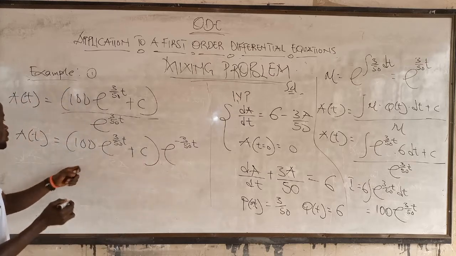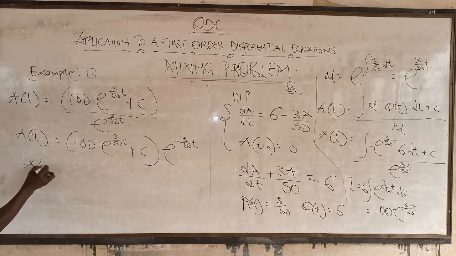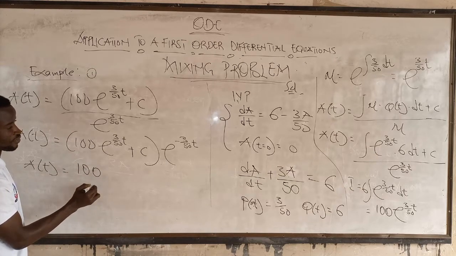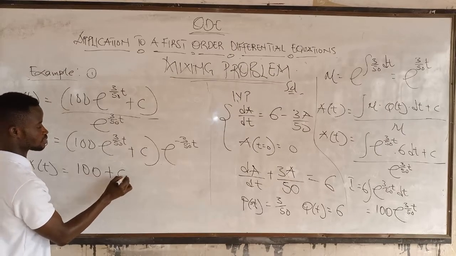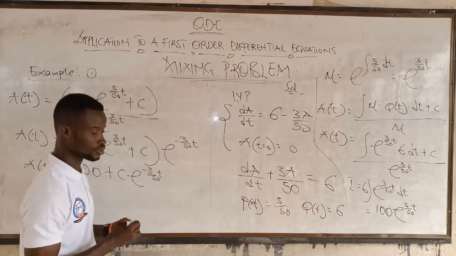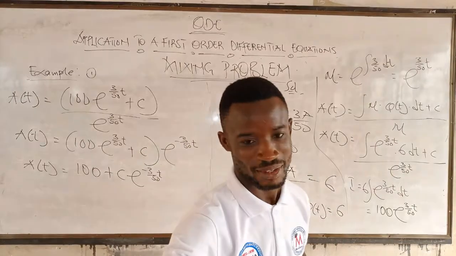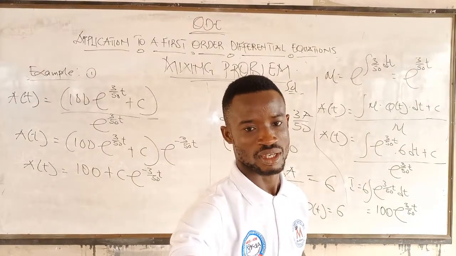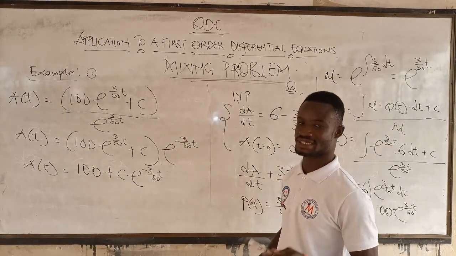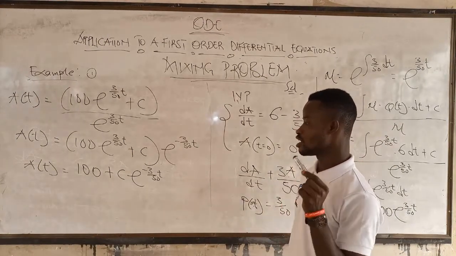Now multiply this throughout. So we get 100 plus C e to the power. Very good. So that is that for that.